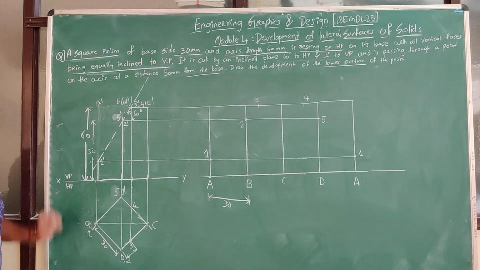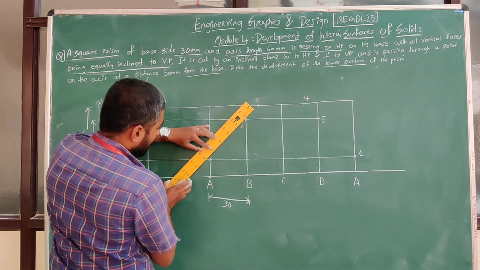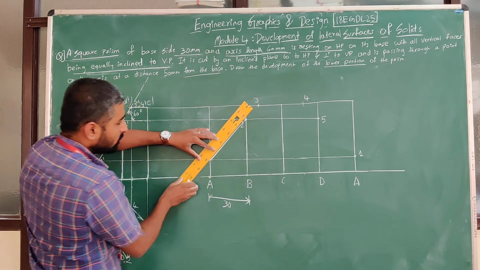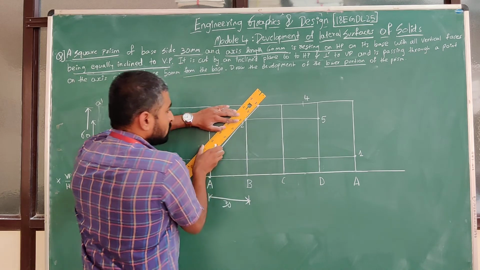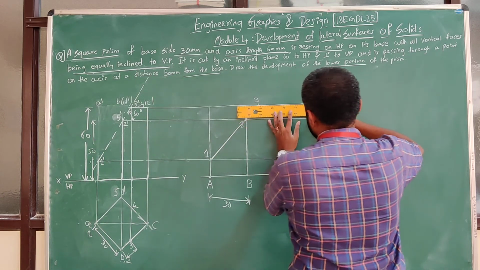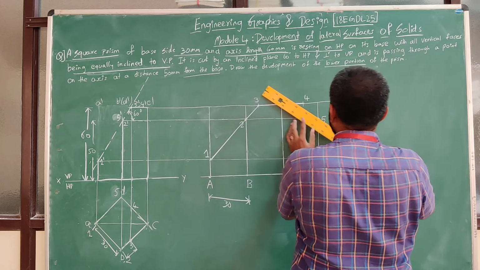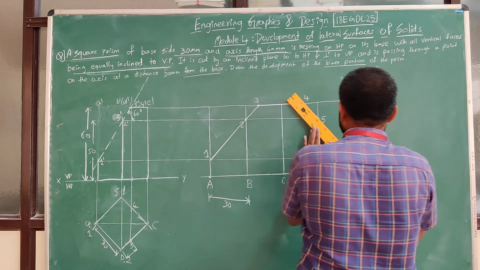Right? Now join all the edges with a dark line in order: 1 to 2 with a line, 2 to 3, 3 to 4, 4 to 5, and back 5 to 1.